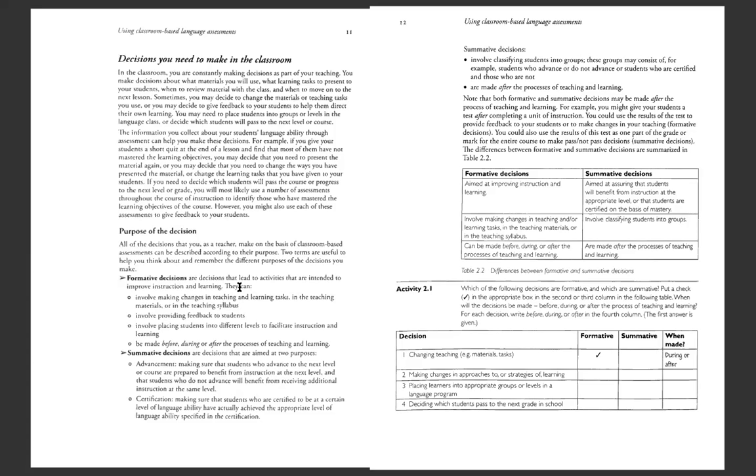Third, involve placing students into different levels to facilitate instruction and learning. Well, we have to be realistic. It's something that in most schools we cannot do. We cannot place students in different levels or tell them that you are more advanced than these students.